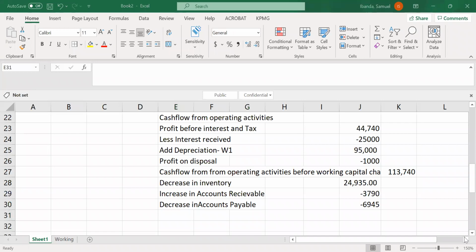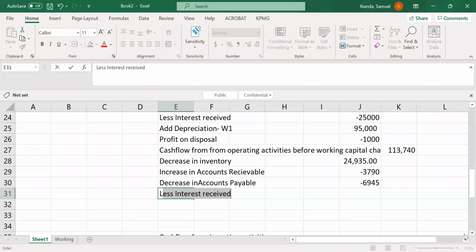But remember, the interest we less is the interest that was paid. Less interest paid. Now, interest is an expense, but part of the interest may be unpaid. For cash flows, we only look at interest that has been paid, and that is deducted.